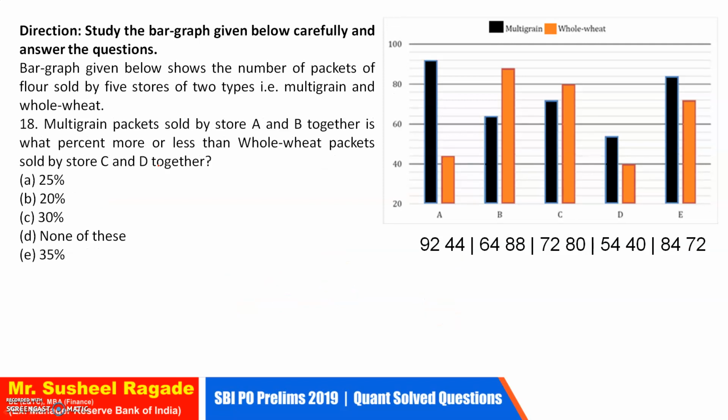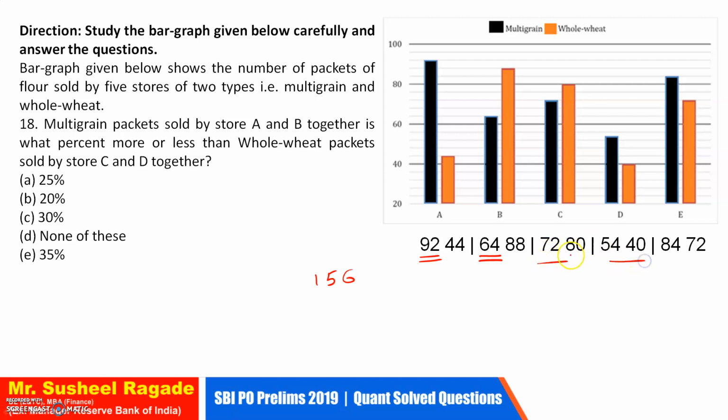Question number 18. Multigrain packets sold by A and B together. Multigrain A and B together. So this is 156. Okay, multigrain sold by store A is what percent more or less than the whole wheat packets sold by C and D?